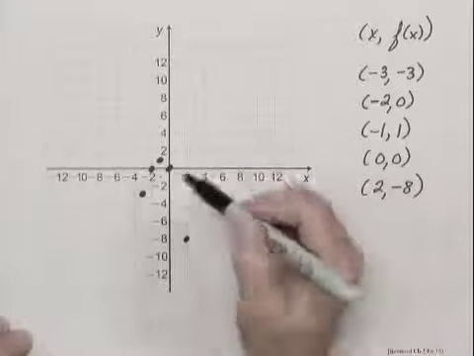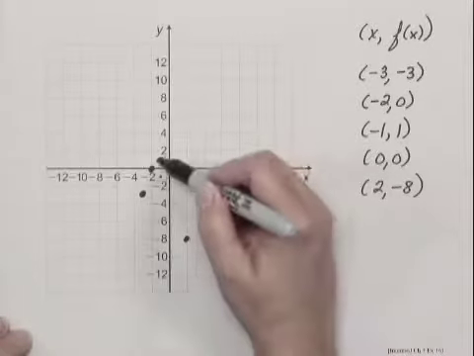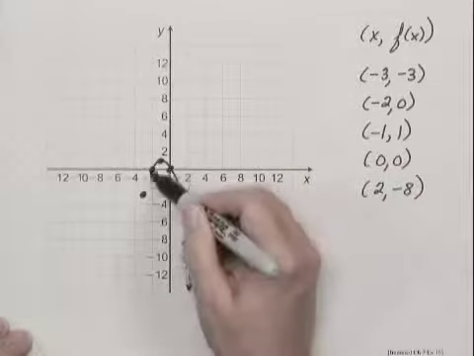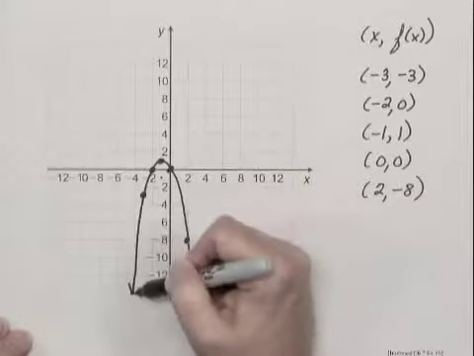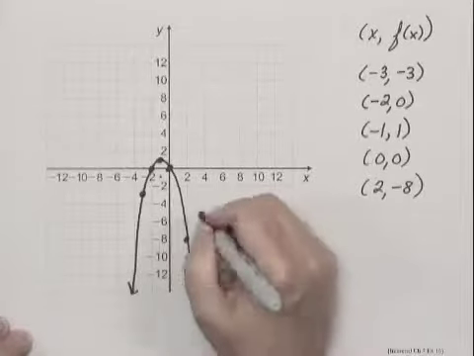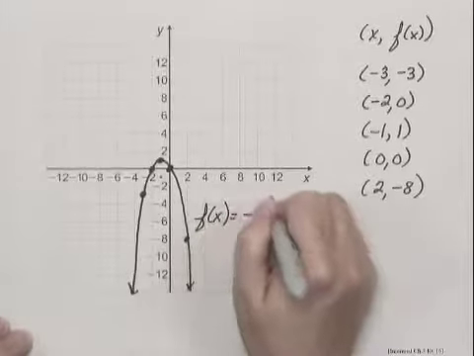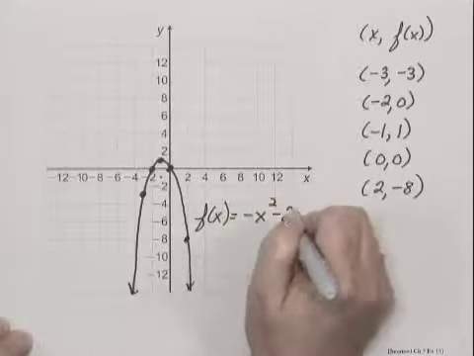And that's really enough since I already know its shape is a parabola opening downward. I can graph that and label it f of x equals the opposite of x squared minus 2x.